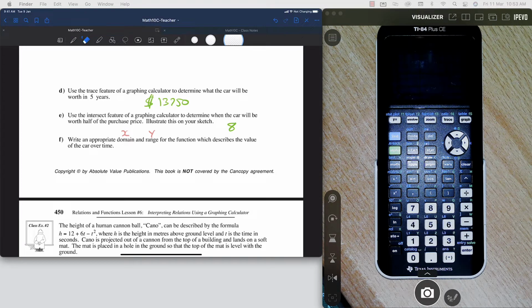So in this case, to write this out properly, the domain equals x such that x is greater than or equal to 0, and x is less than or equal to 16, and x is a subset of all whole numbers.